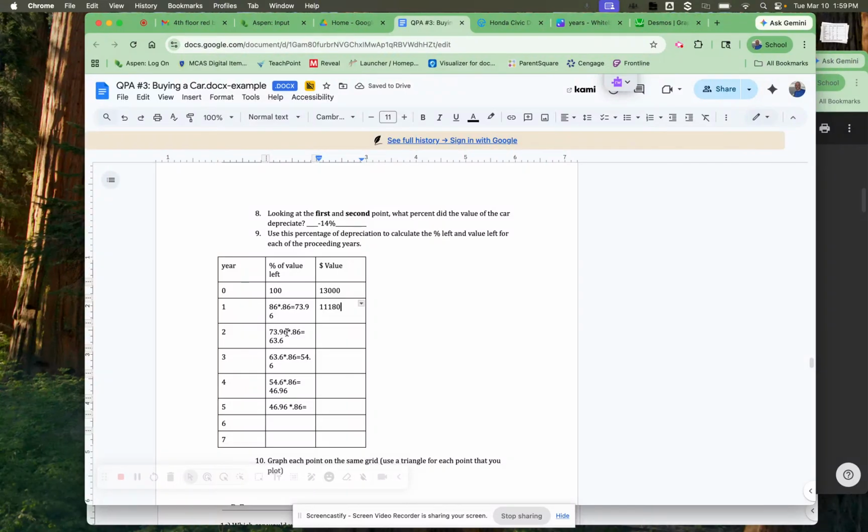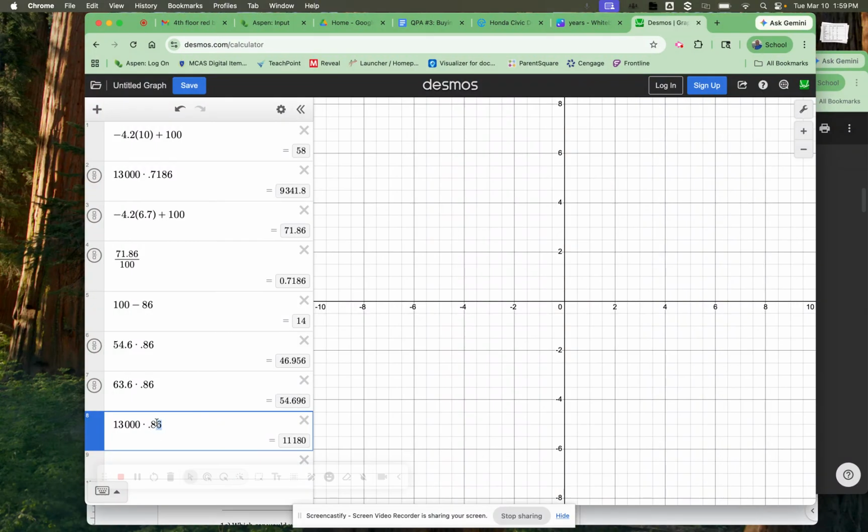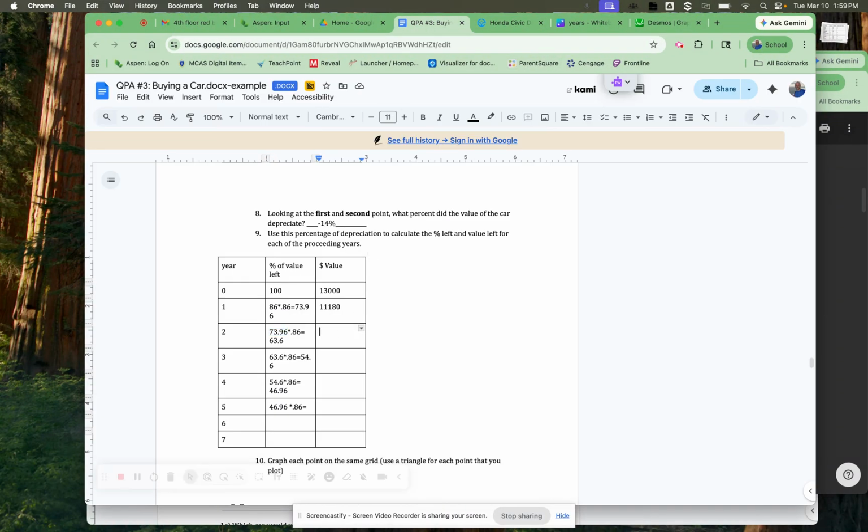And then I'm going to do the same thing. I'm going to take the value of my car, and now it's worth 73.96%. It's worth $9,614.80. Make sure I'm putting dollars in here.